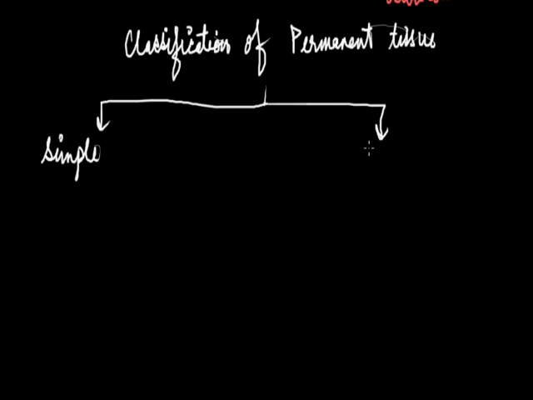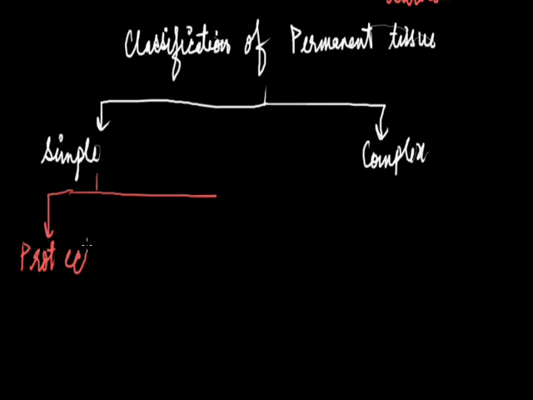And second one is the complex permanent tissues. The simple ones are again divided on the basis of function they are performing. If they are doing the protective function, they are known as the protective simple permanent tissues. And if they are providing the support to the plant, they are known as the supportive simple permanent tissues.